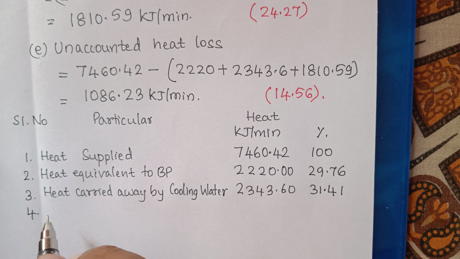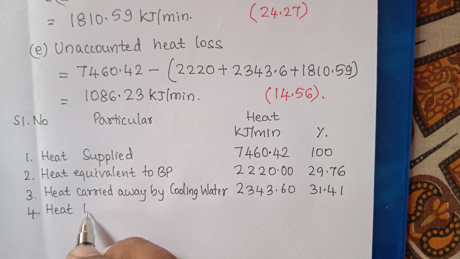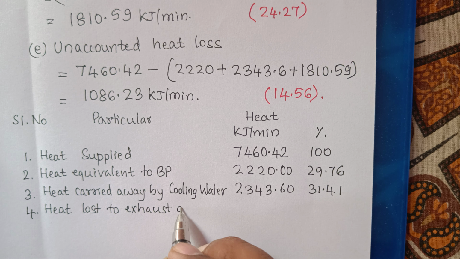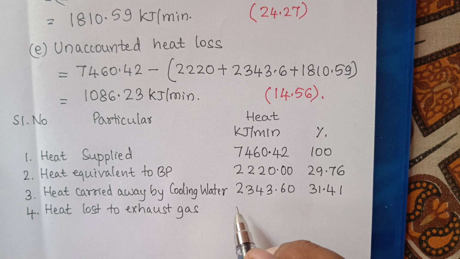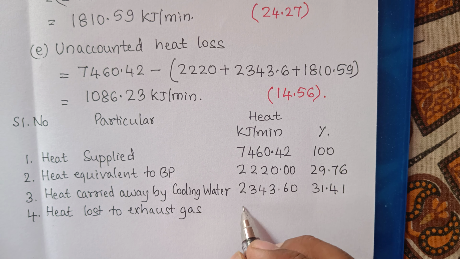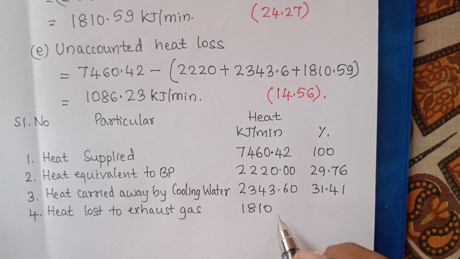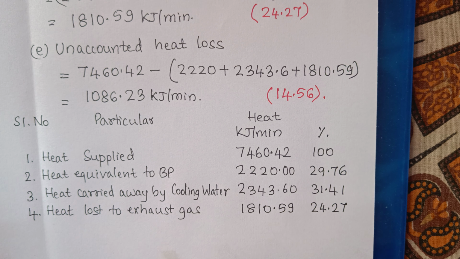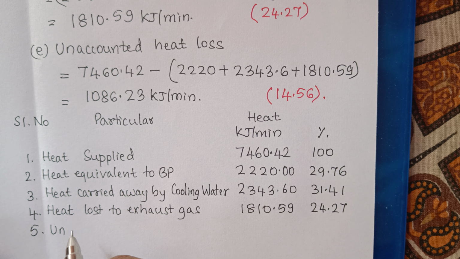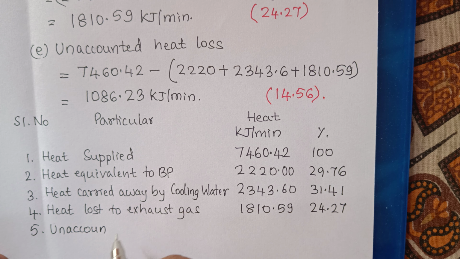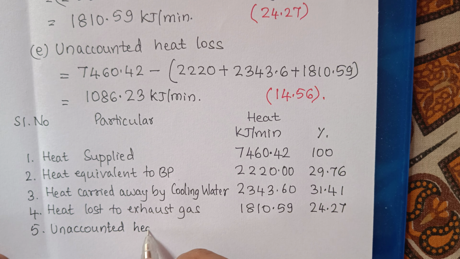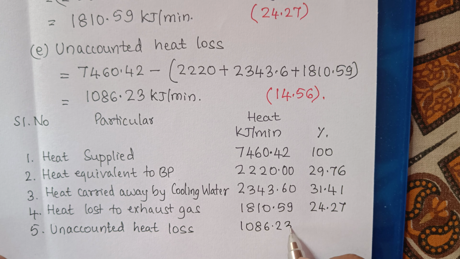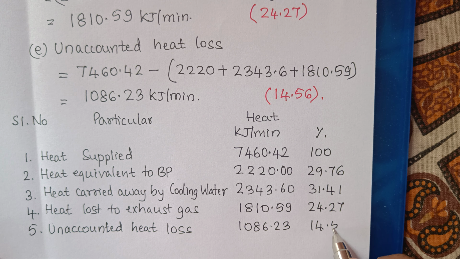Next, heat lost to exhaust gas. What is that heat loss to exhaust gas? It is 1810.59 kilojoules per minute. It is 24.27%. And the last one is unaccounted heat loss, which is nothing but 1086.23 kilojoules per minute, which is 14.56%.